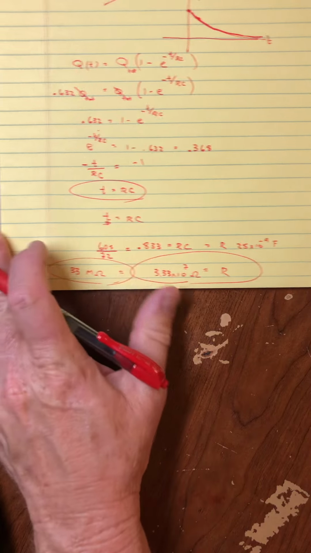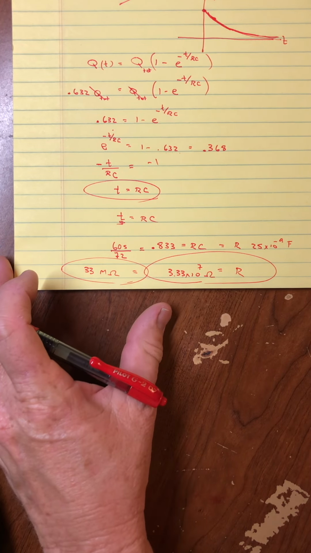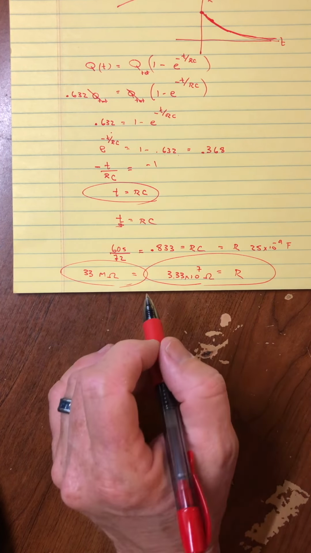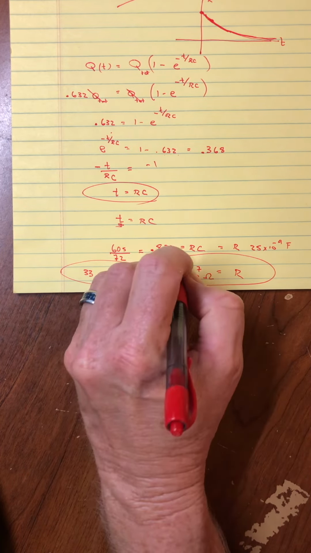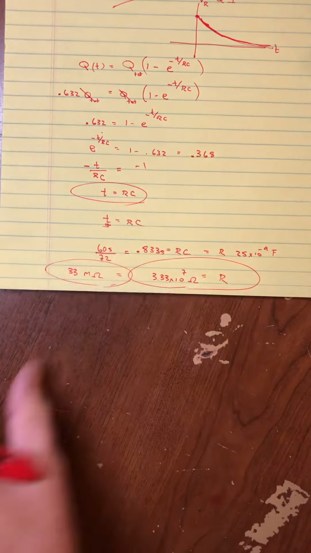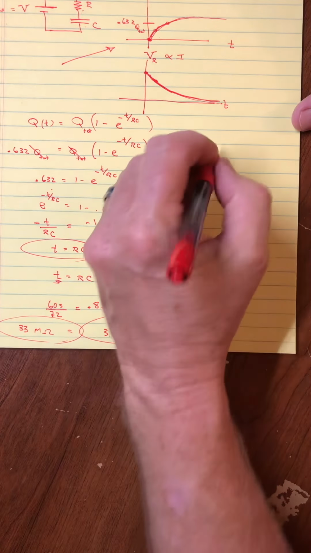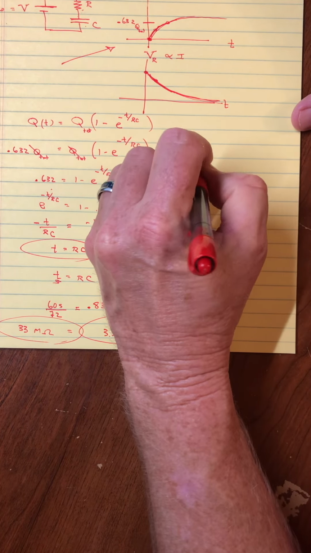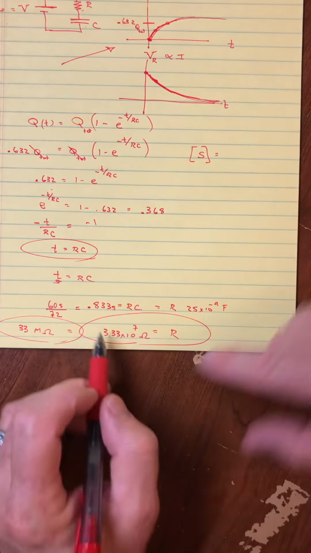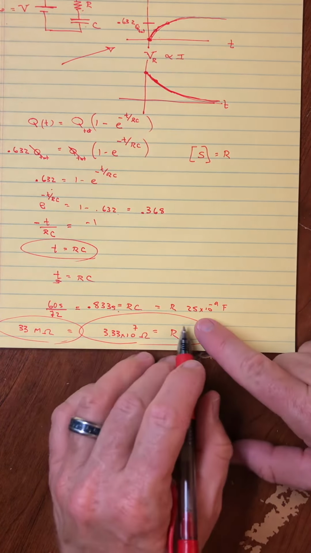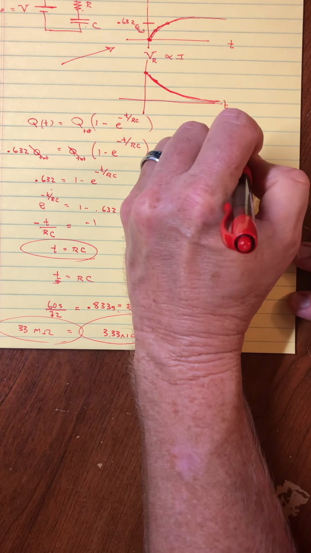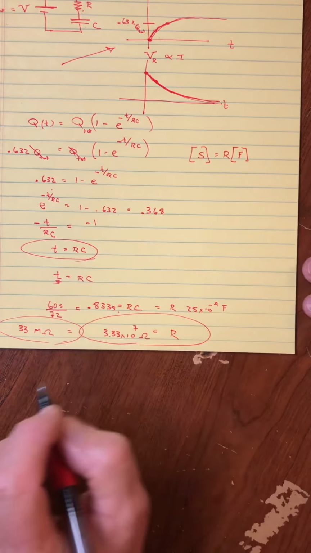So pretty significant resistor. And I suppose I should also help you check the units here. Let's see. This side of the equation would be in seconds. And of course, we're trying to solve for resistance. And the other side is in farads.